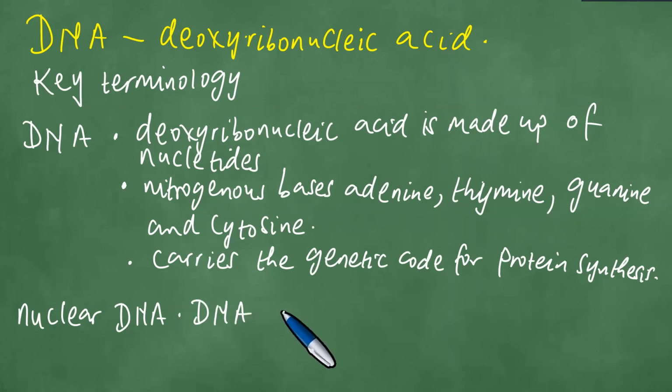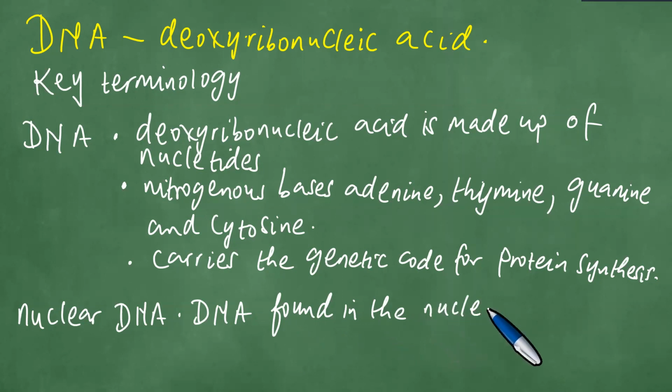This is DNA found in the nucleus. What is nuclear DNA? It's a type of DNA. If somebody asks what is DNA, we have said what DNA is. But what type of DNA is nuclear DNA? It is DNA that is found in the nucleus.